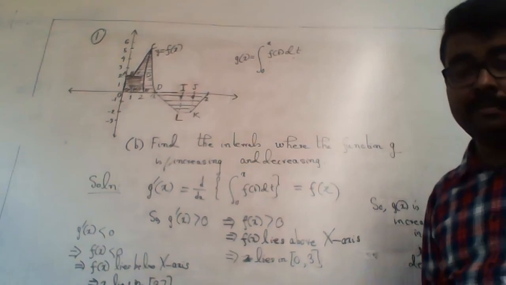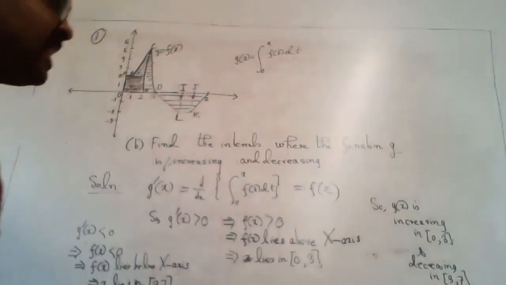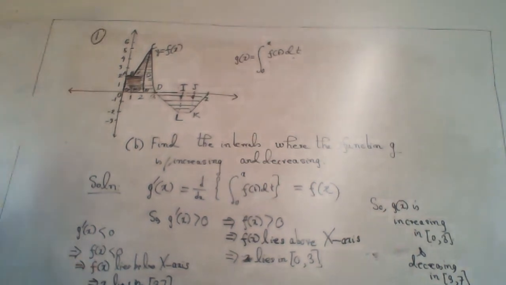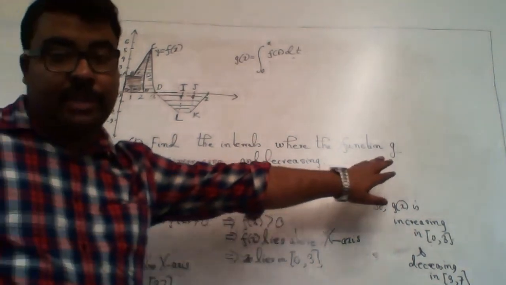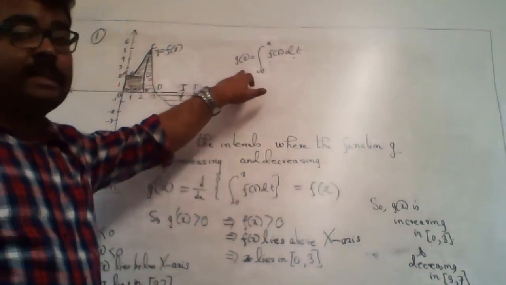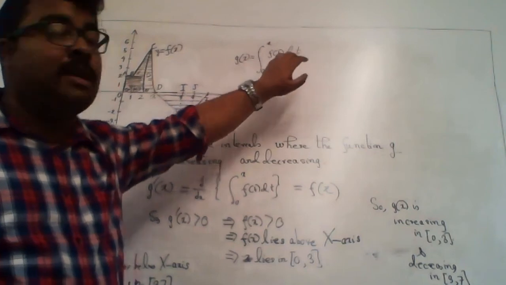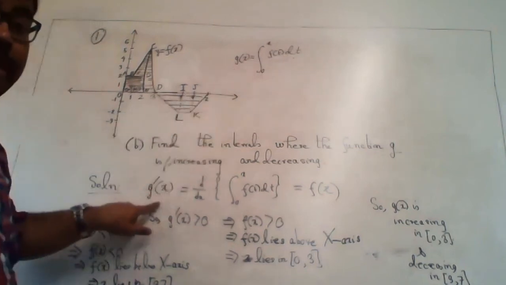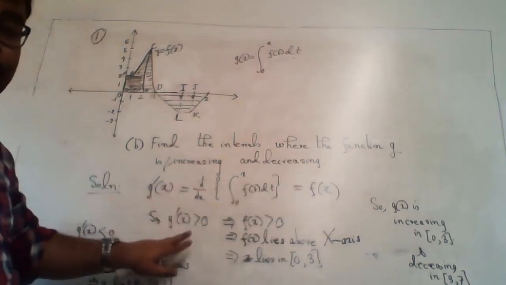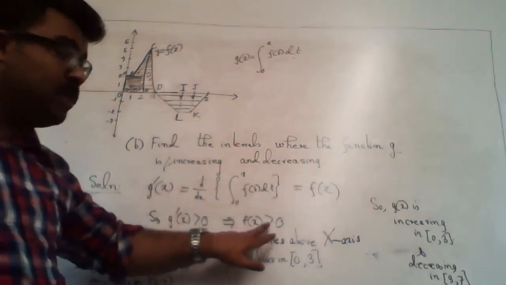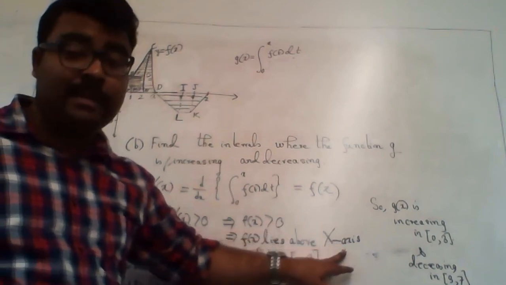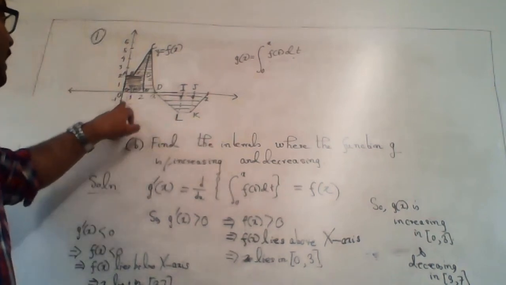Now, let me repeat again. My problem was this: find the intervals where the function is increasing and decreasing. To find out where the function g is increasing and decreasing, we have to compute the derivative of g. Since g of x is the integral from 0 to x of f of t dt, g prime x by the fundamental theorem of calculus will be just f of x. So g prime x positive means f of x positive. f of x positive means f of x lies above the x-axis. f of x lies above the x-axis in 0 to 3.